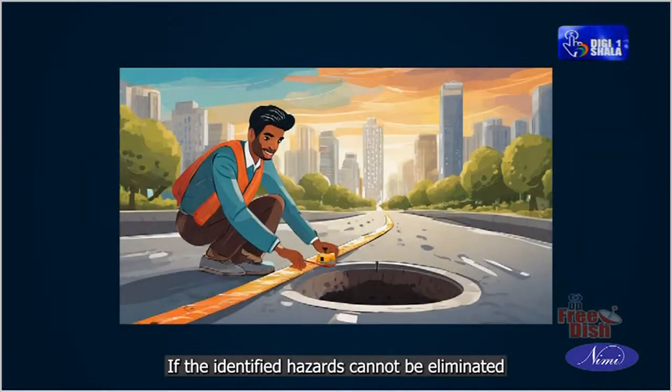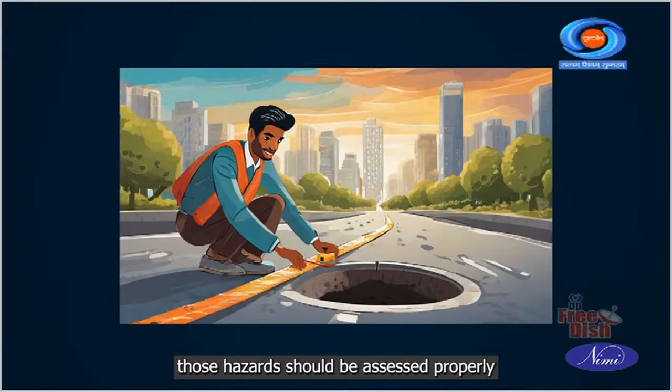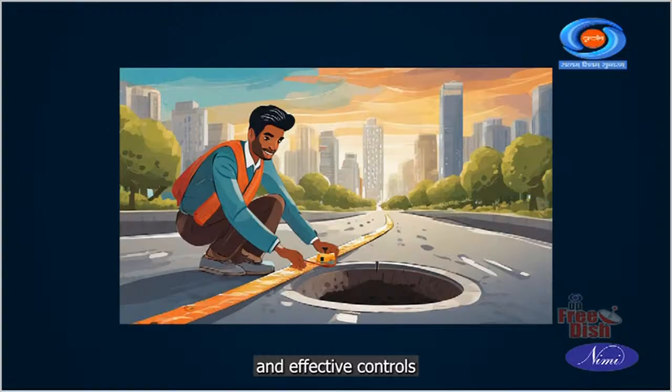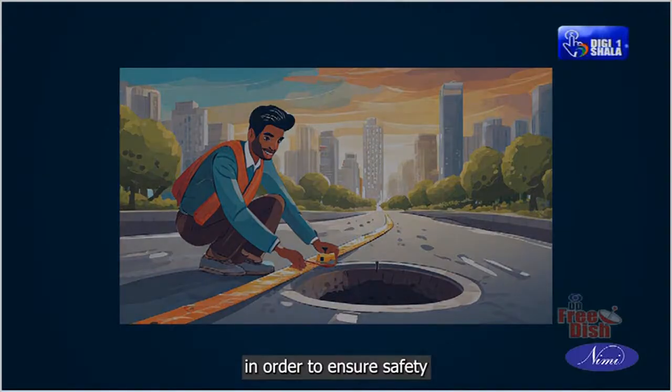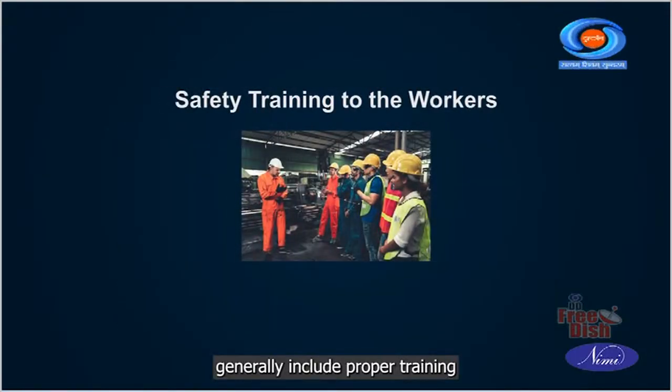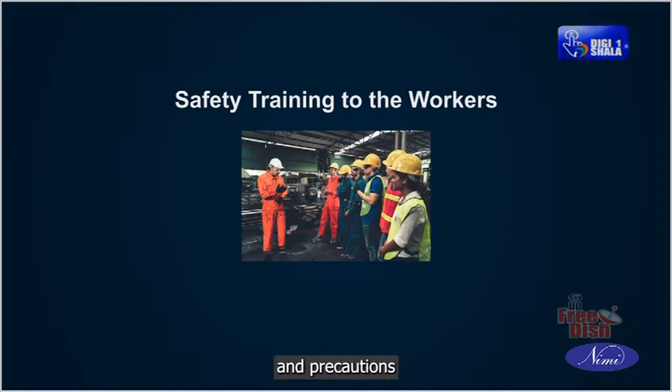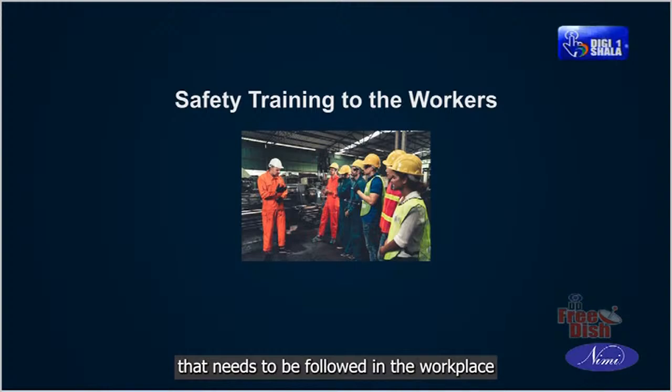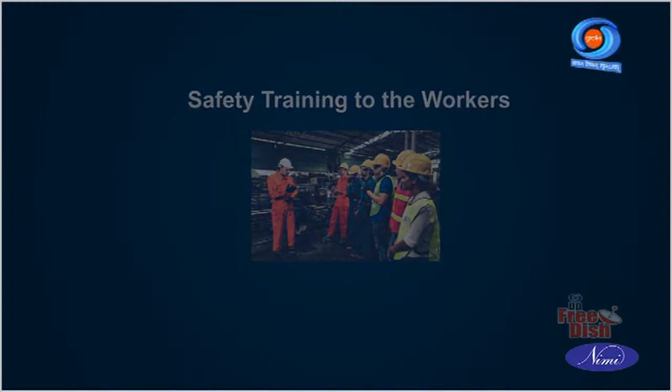If the identified hazards cannot be eliminated, those hazards should be assessed properly and effective controls should be implemented in order to ensure safety. Effective controls generally include proper training and facilitating of the workers about the hazards and precautions that need to be followed in the workplace.